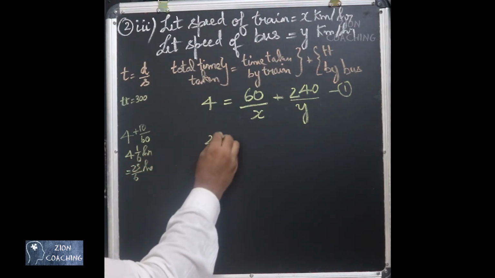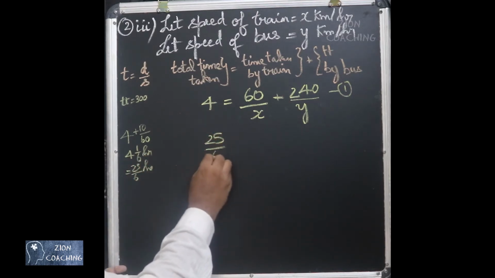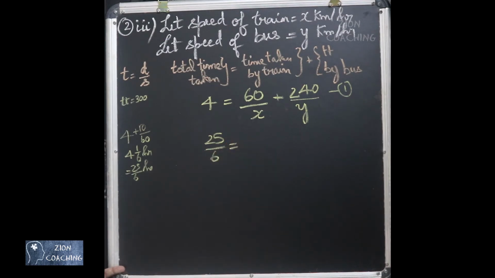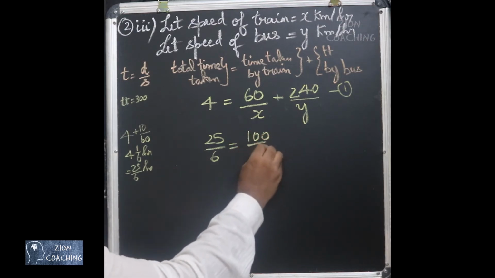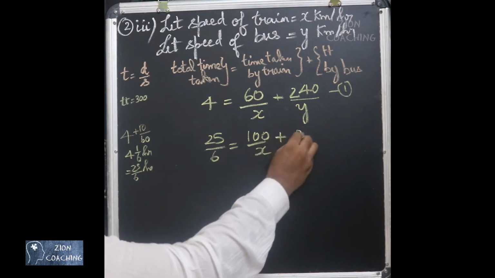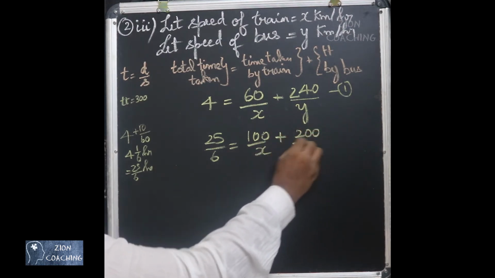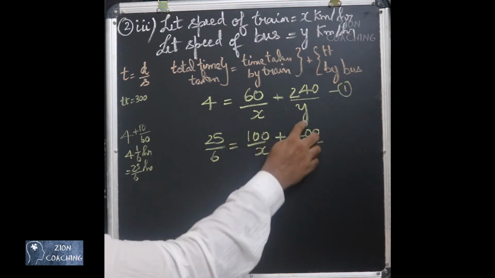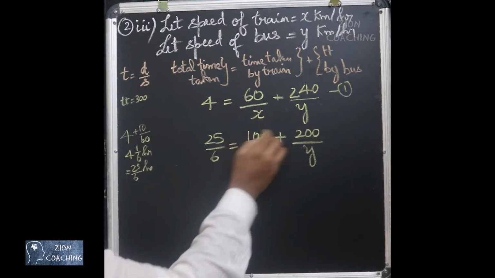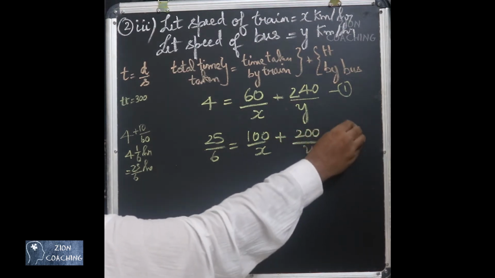So we have 25 by 6 equal to, now she is traveling 100 km by train, so it is going to be 100 by x. And the remaining 200 kilometers she is going to travel by bus. So the time taken by train plus the time taken by bus now is 25 by 6 hour.